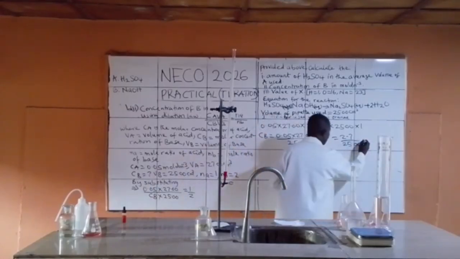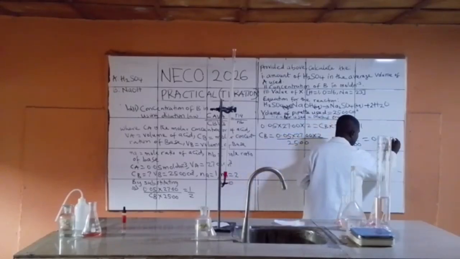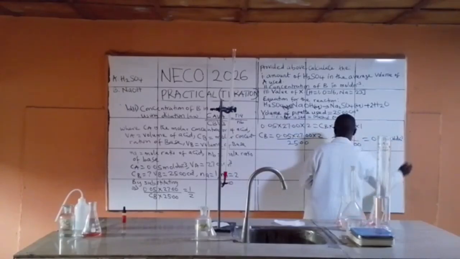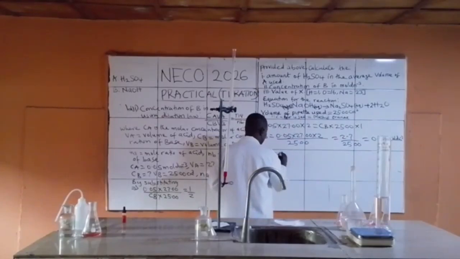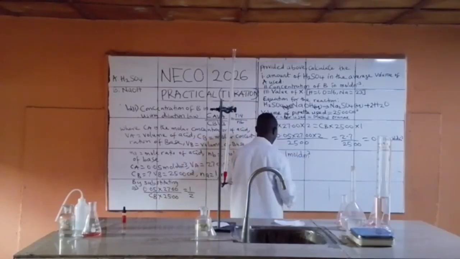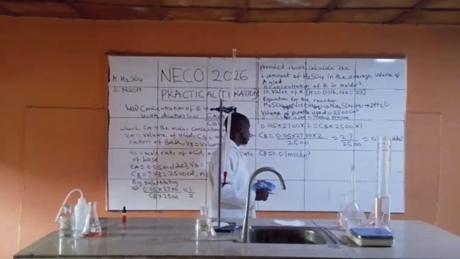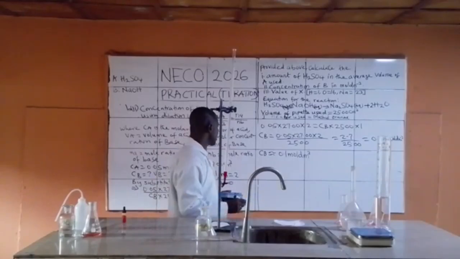And it is equals to 0.108 mole per dm cube. This can be abbreviated as CB is approximately equals to 0.1 mole per dm cube. Therefore, the concentration of B in mole per dm cube is equals to 0.1 mole per dm cube.